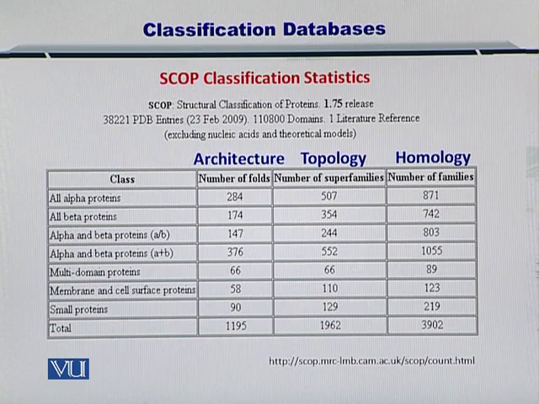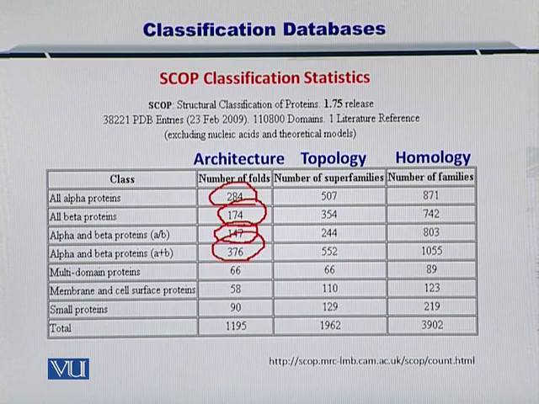If you look at the SCOP database, then you will find the following statistics that are reported to date. In the database, in terms of the architecture, you have about 284 all alpha proteins. So you have about 284 proteins that only contain alpha domains, about 174 protein structures that only contain beta domains, and then you have alpha and beta, that is alpha over beta, that are about 147, and then you have alpha plus beta.